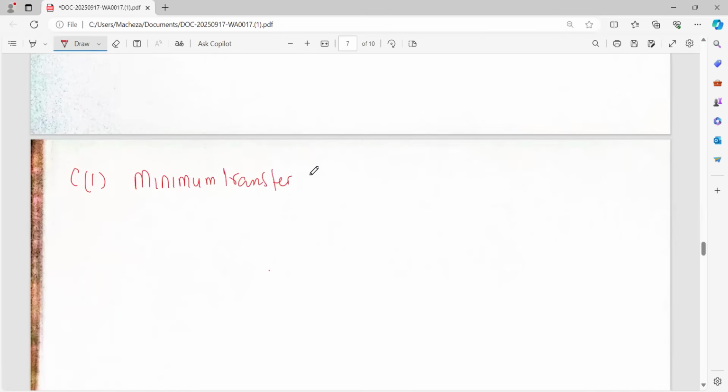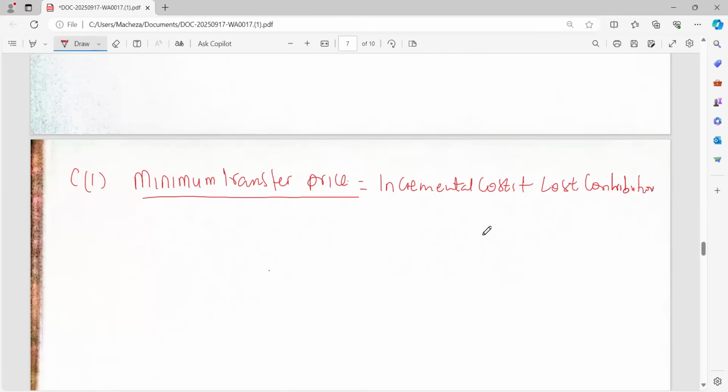The minimum transfer price is equal to the incremental cost of the transferring division plus the lost contribution. That's our minimum transfer price. So first we want the incremental cost. What is going to make up our incremental cost?